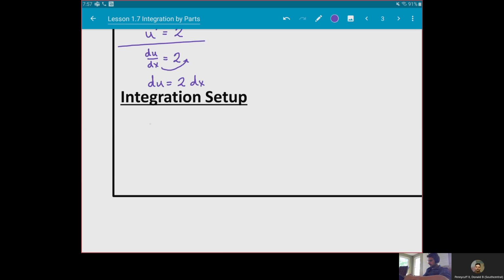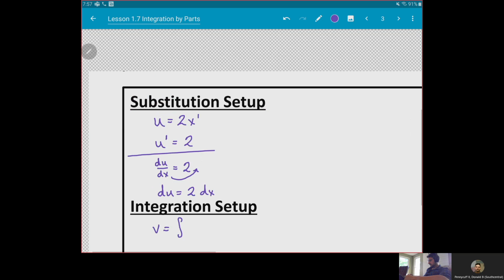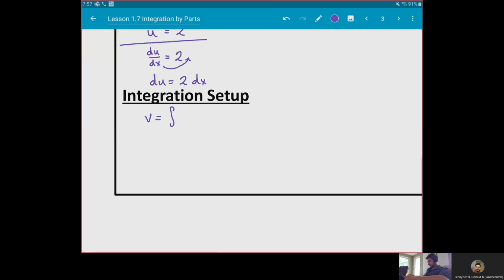Now for the integral, that's the letter v, and we are taking the integral of b. And so for us, that's going to be e to the 5x. And we do not need a plus c.